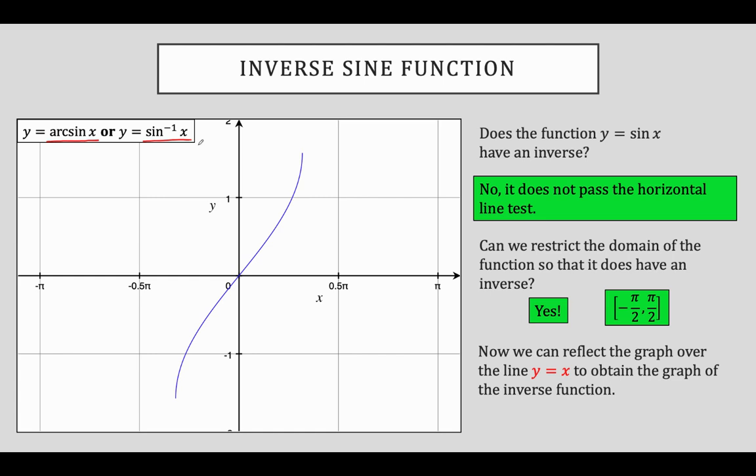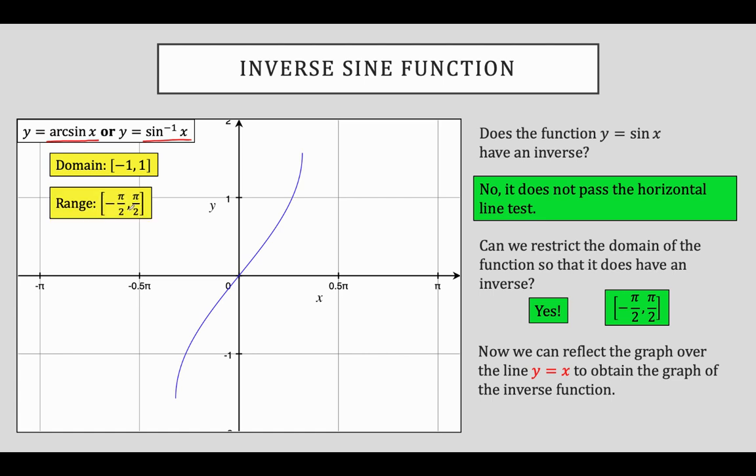Now, a couple important things that we need to see here. One is the domain of this function. The domain of our inverse sine function is going to be from -1 to 1. Notice that that matches with the range of our original sine function. The range of y equals the sine of x is -1 to 1.